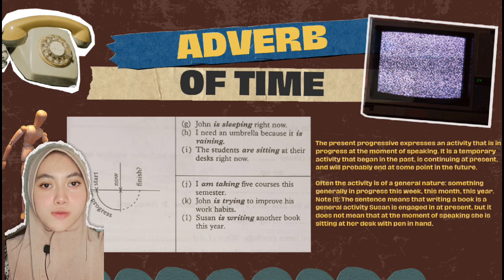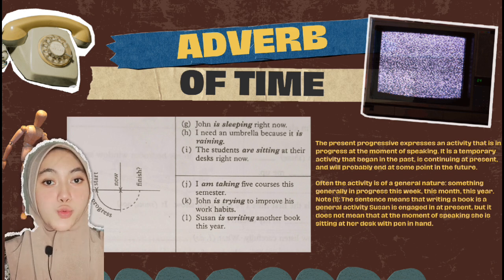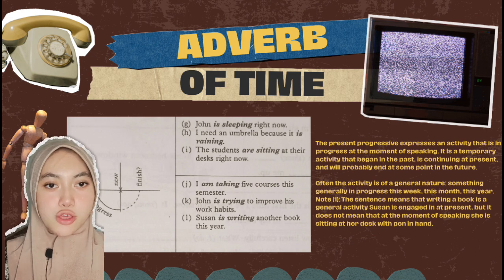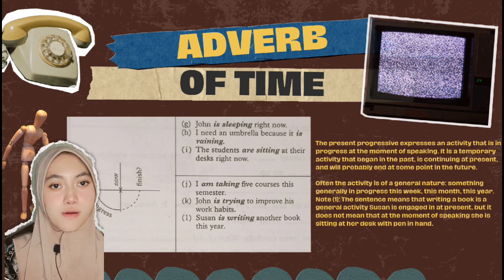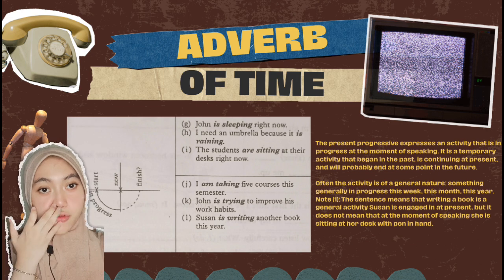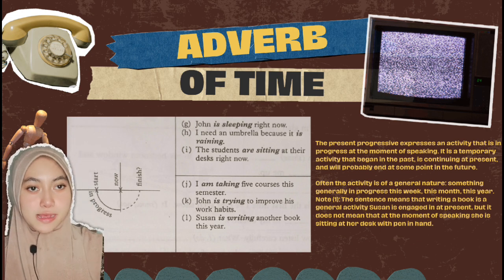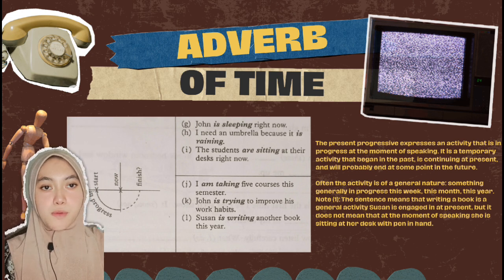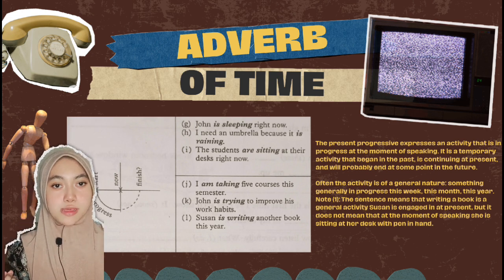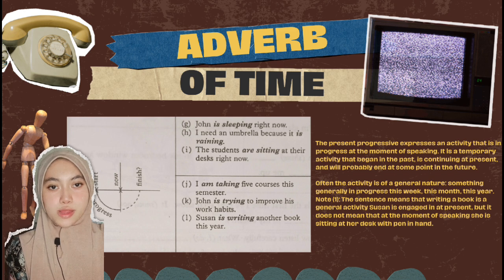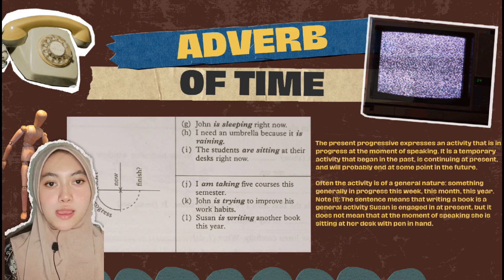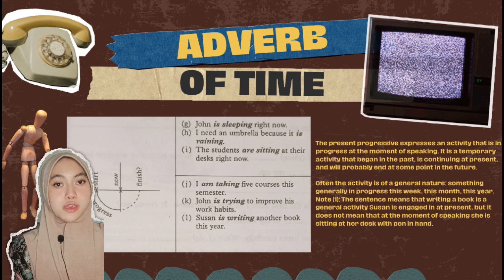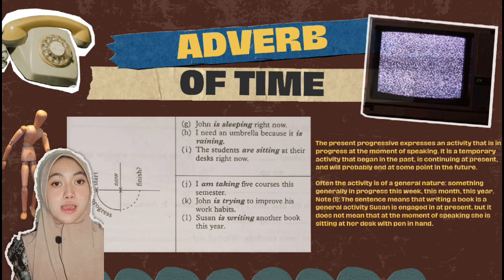Let's see the last example. Susan is reading another book this year. The sentence means that reading books is a general activity that Susan is engaged in at present, but it does not mean that at the moment of speaking she is reading. It doesn't mean that she's sitting at her desk with her pen in hand when she tells about that.